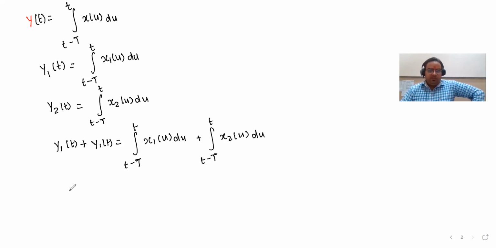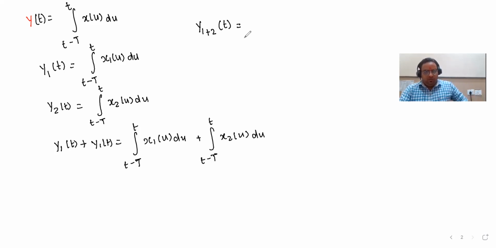The second thing we will check is the output that we obtain for a combined input x1 plus x2. I'll write it with the notation y1 plus 2, let us say. That is essentially the output obtained when the combined input x1 plus x2 is given to the same system.